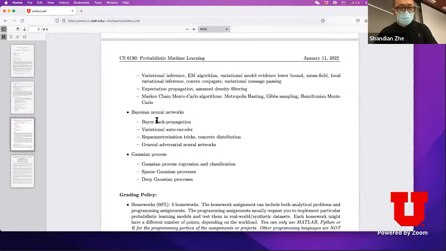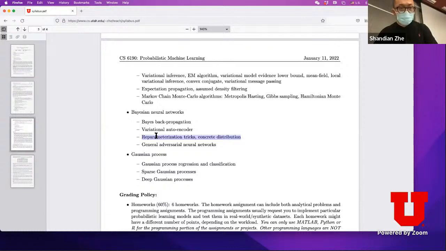And we're going to talk about variational autoencoders, which are like the most successful techniques of the past decade, and the reparameterization trick. How do you conduct variational inference for Bayesian neural networks?